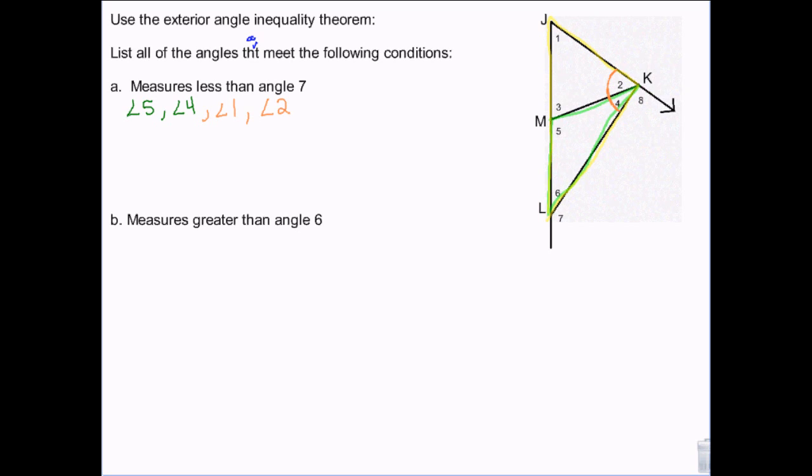Now angle 6, angle 6 is an interior angle. Okay, let me erase all this really quickly. Angle 6 is interior to two triangles, but if we look at both triangles, like if I look at this triangle, I have this exterior angle where the line is continuing.